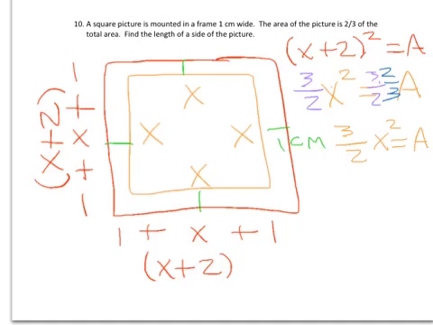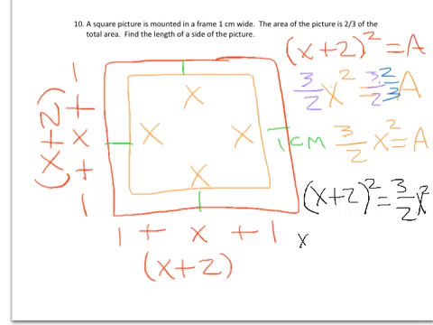And so I've got a new equation, which is this: x plus 2 squared is equal to 3/2 x squared. Okay, and I'm just going to work with this. What I would recommend that you do is FOIL that out, and move the 3/2 over.